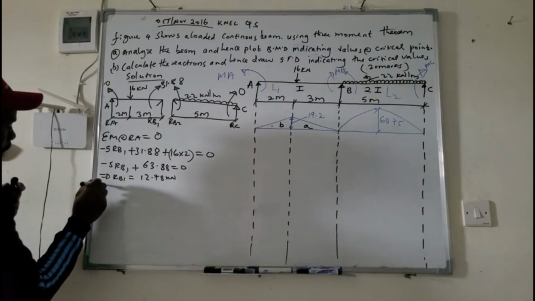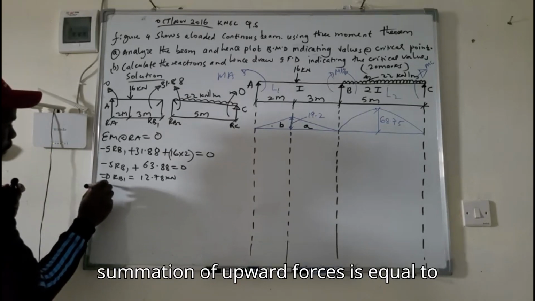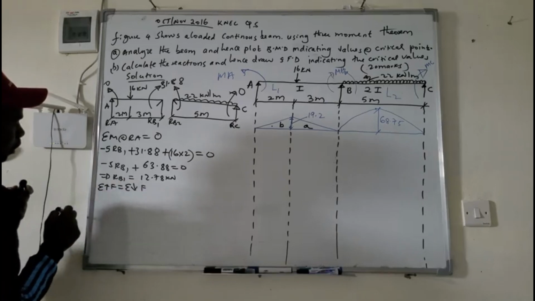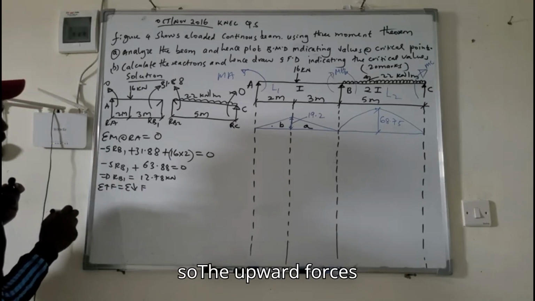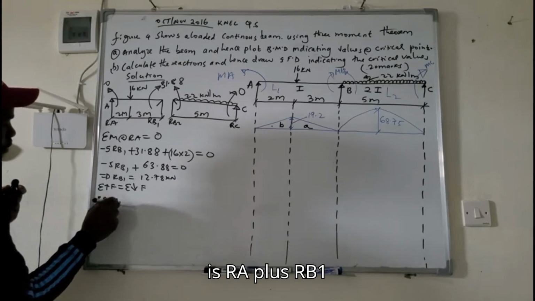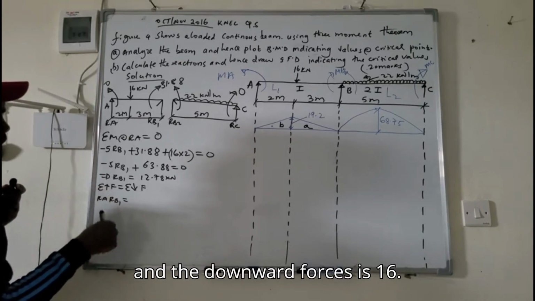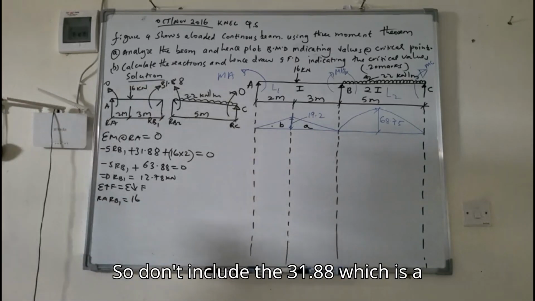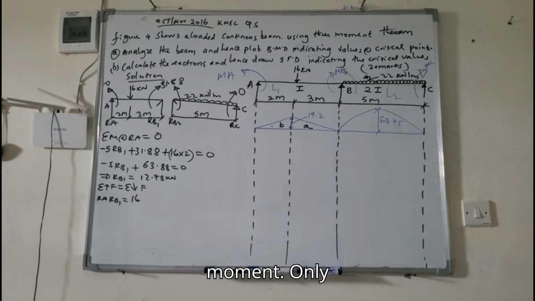So we know that summation of upward forces is equal to summation of downward forces. So the upward forces is RA plus RB1, and the downward forces is 16. So don't include the 31.88, which is a moment.